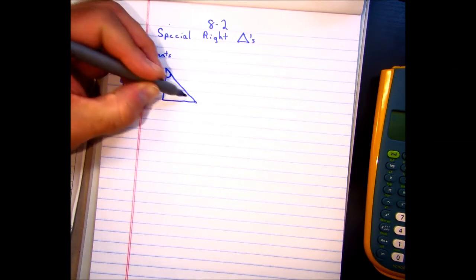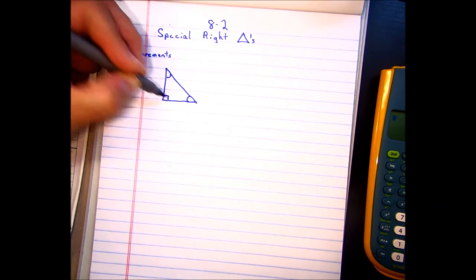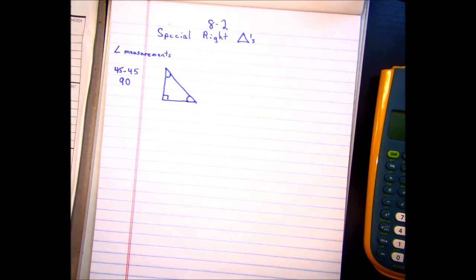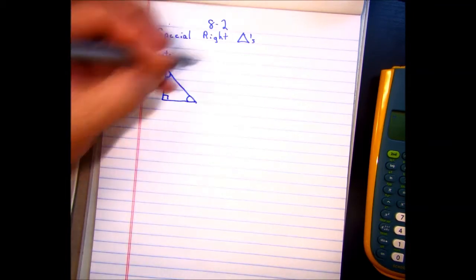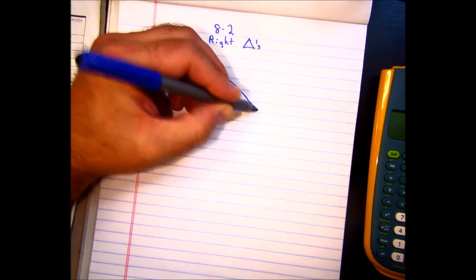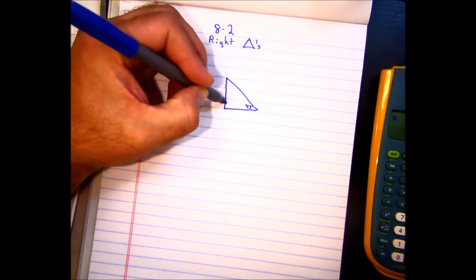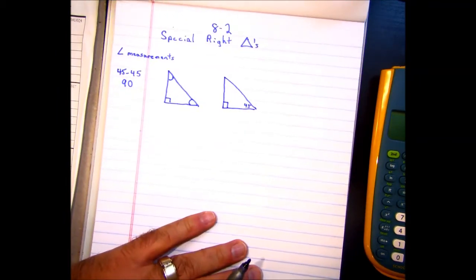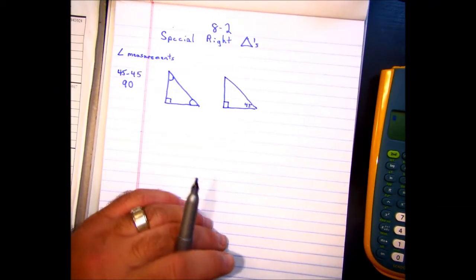Well, they can show you with congruency marks. That's your visual representation of what a 45, 45, 90 is. You could also look for the angle measurements. They might put a 45 in here. That would be a 45, 45, 90.